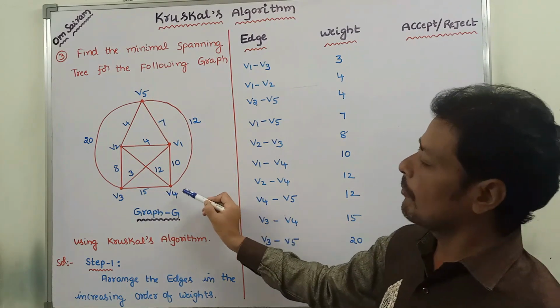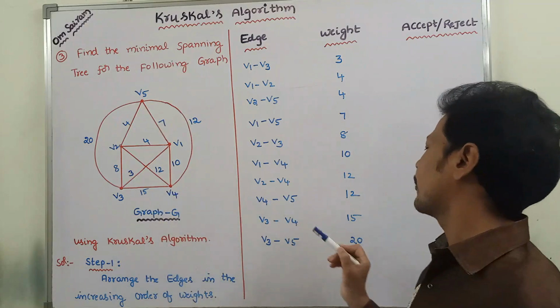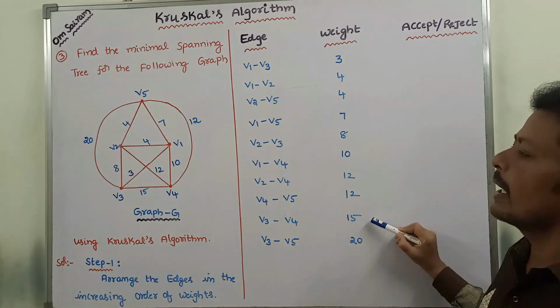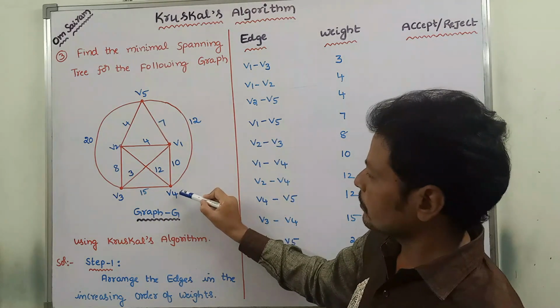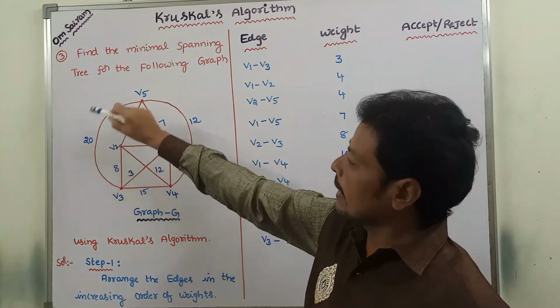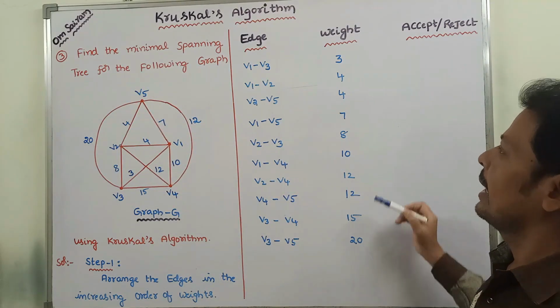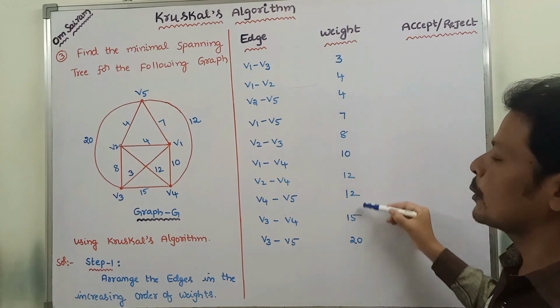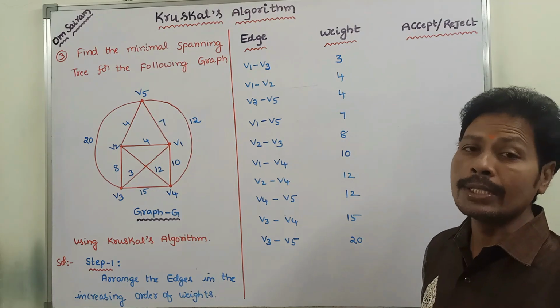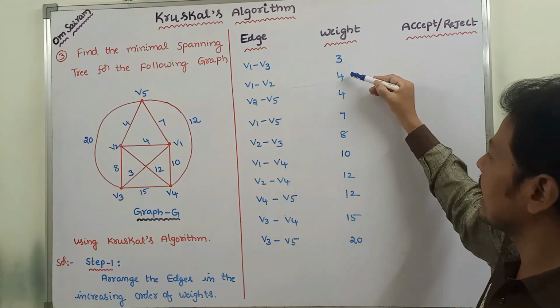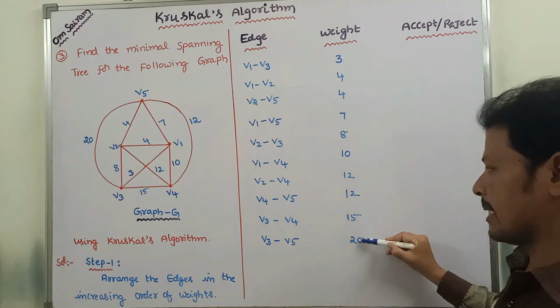Next is V3 to V4, its weight is 15. Next is V3 to V5, its weight is 20. In this way we have to arrange the edges in increasing order of weights.